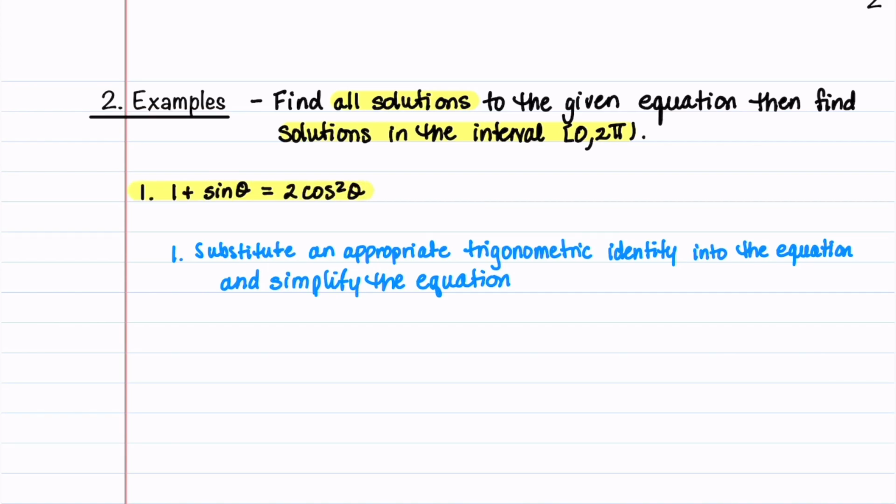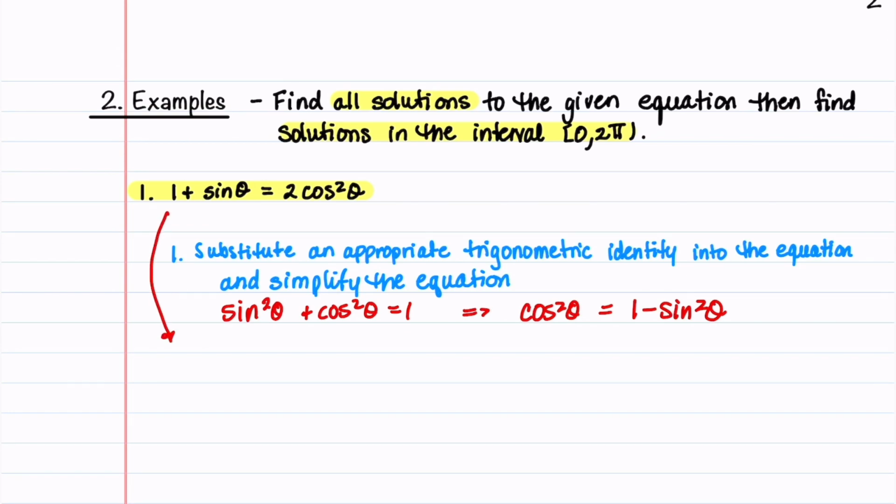Let's look at our first equation. For our first step, we notice that cosine squared is the more complicated term, and we can write cosine squared in terms of sine squared if we use the Pythagorean identity. We have sine squared theta plus cosine squared theta is equal to 1, and that gives us cosine squared theta is equal to 1 minus sine squared theta.